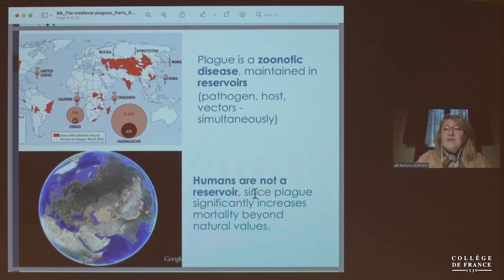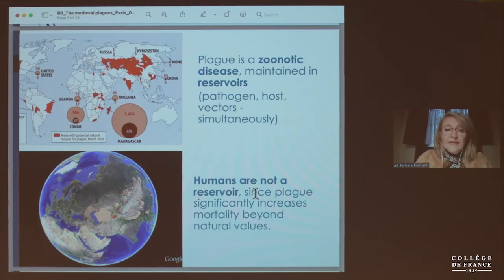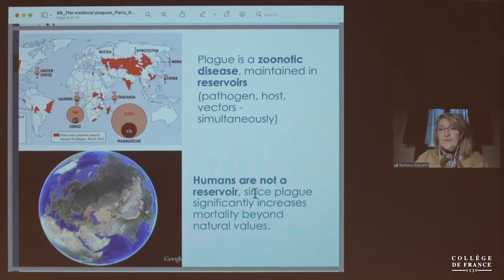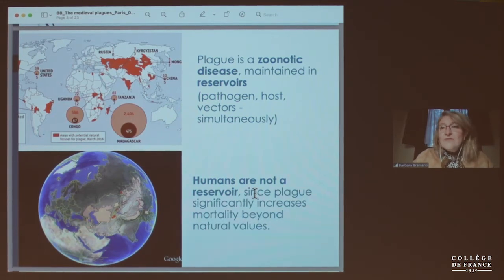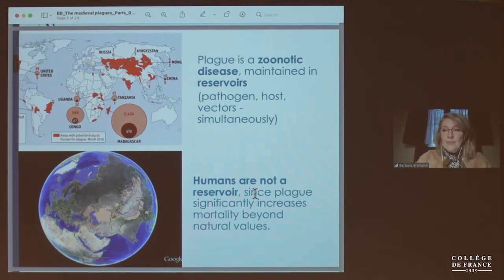Human cannot be considered a reservoir because plague significantly increased the mortality rate beyond natural values. That means that the wild rodents in the reservoir have also some kind of resistance against plague.